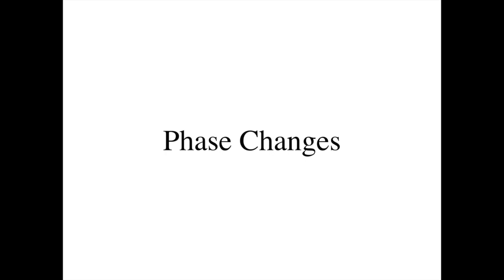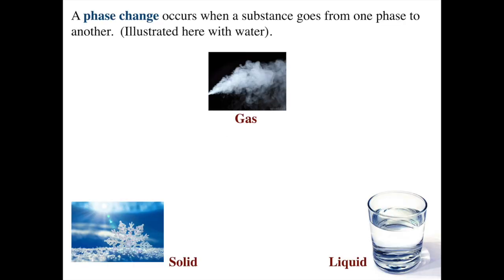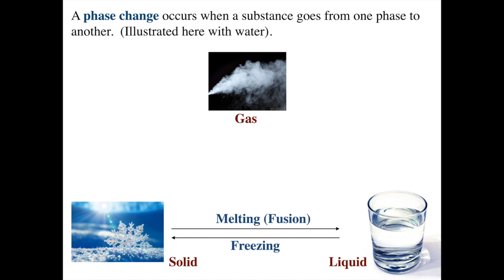Now let's consider phase changes. A phase change occurs when a substance goes from one phase to another. Here we have some pictures of water: some steam, some gas, solid, ice or snow, and liquid water. If you change a solid to a liquid, that's called melting or fusion, and the reverse is freezing.